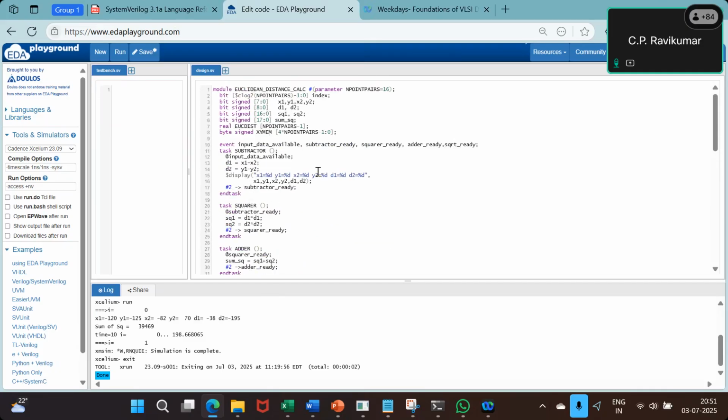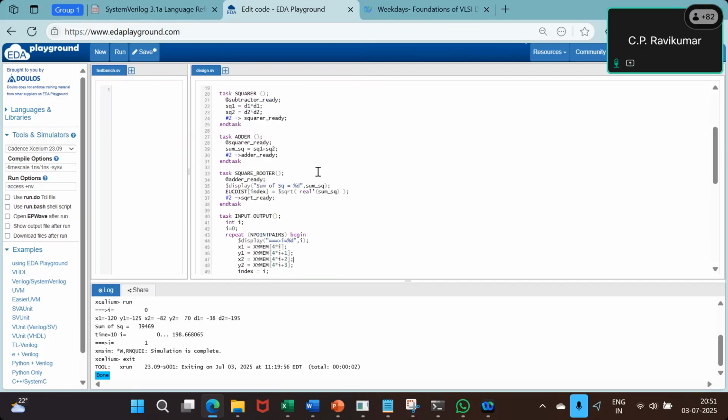I am indexing endpoint pairs. There are 63 locations, right? Oh, wait a minute. How many am I calculating here? 16, right? Okay. And I'm doing it for everything like that.